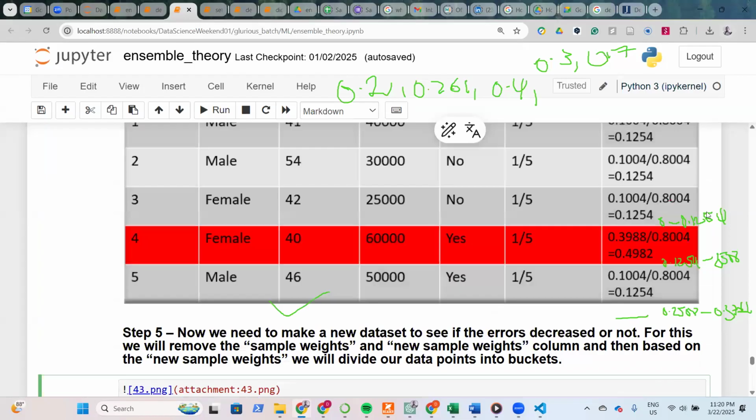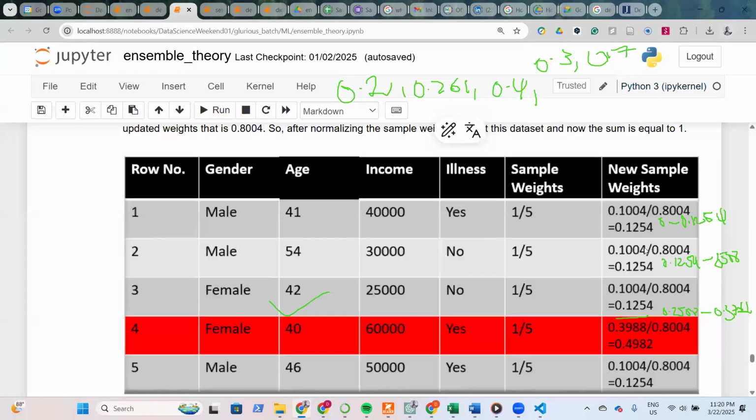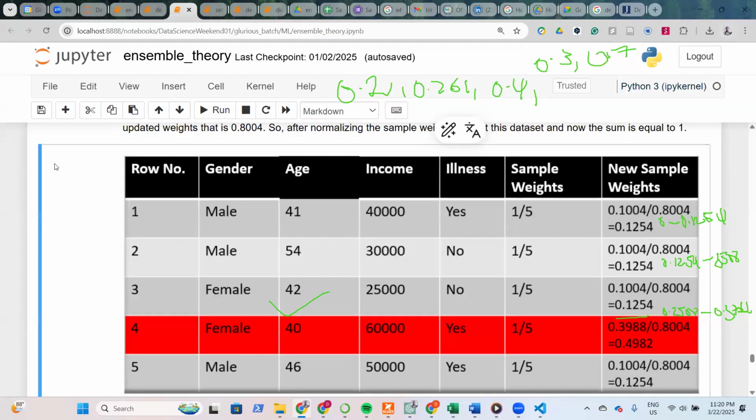So if we follow this one, 0.2 would have fallen somewhere around the second bucket. So our first record would have been the record of the second bucket, in the new data set.